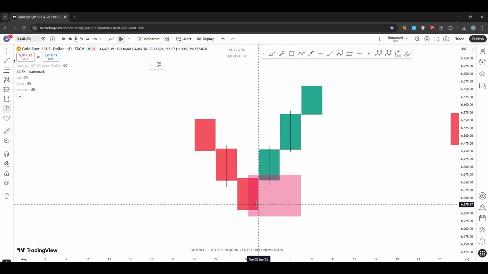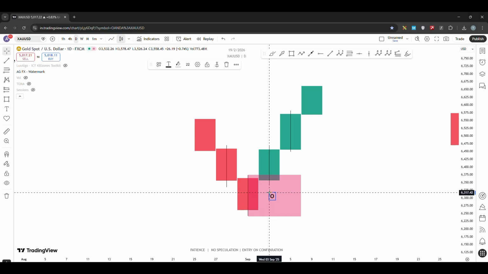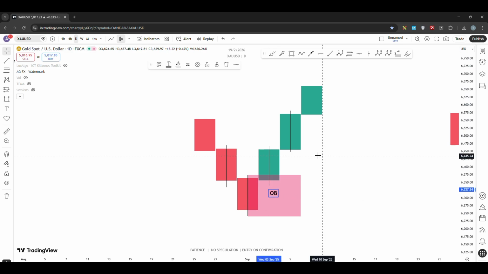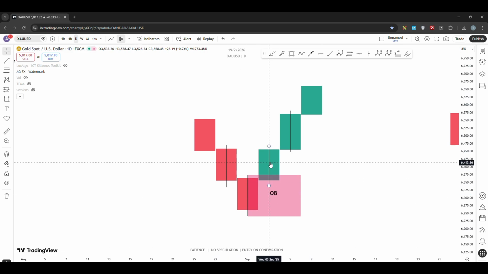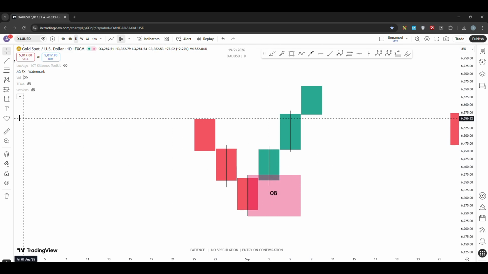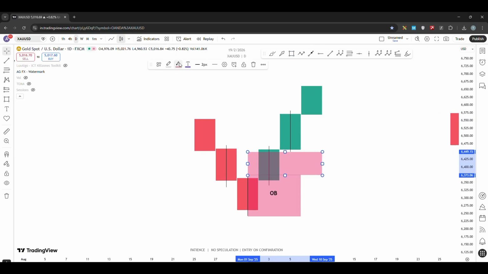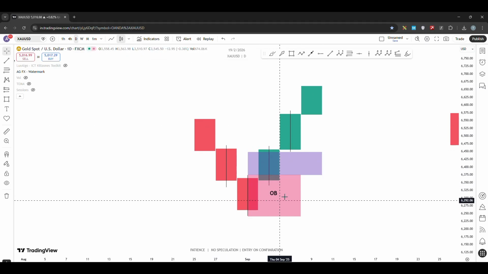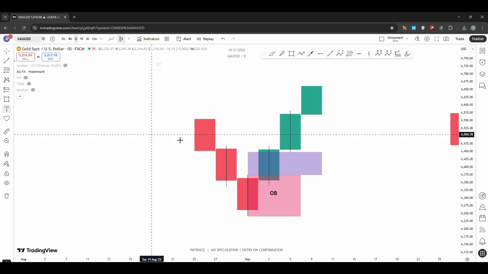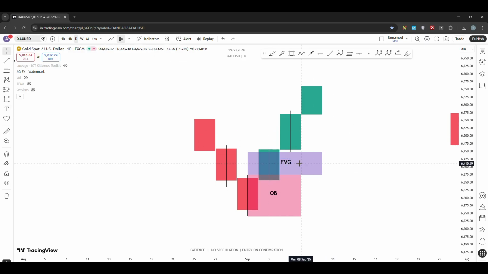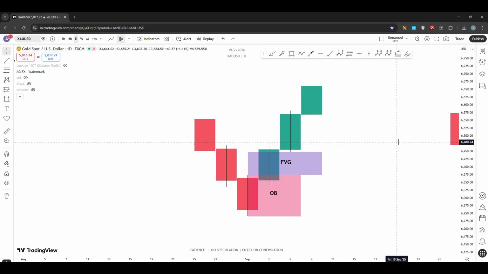So for a candle to become an order block, it must have a fair value gap along with it. What is this? This is a fair value gap. If we don't have a fair value gap, will this become an order block candle? The answer is no. If a candle has to be an order block, we must have a fair value gap along with it.